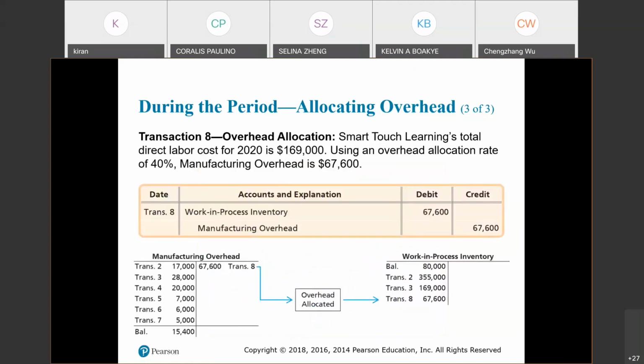Okay, the last transaction of this class. Let's assume SmartTouch Learning's total direct labor cost for 2020 is $169,000. Using an overhead allocation rate of 40%, manufacturing overhead is $67,600.